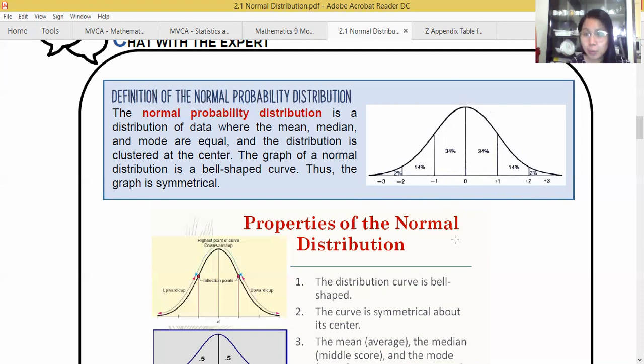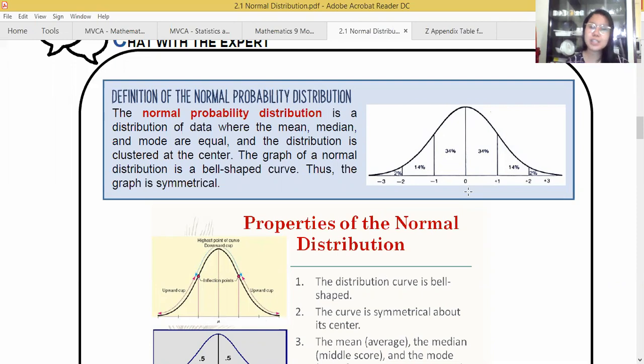At the zero line, we will see the mean, the average score. It's also the middle score, the median, and the mode. The mode is the most occurring score. That's why the tip of the curve is at 0.